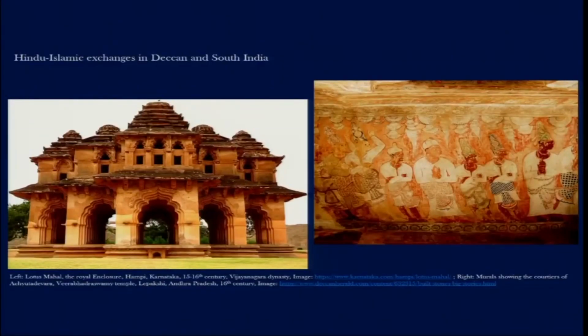Similarly, we also find this in the murals or paintings of Vijayanagara, for example the one we have here on the right side of the screen from the Veerabhadra Swami temple in Lepakshi, Andhra Pradesh. There we find this kulah-like cap, which was used in the Persian context and also in other parts of the Middle East, and then the qaba, or this long white robe that comes down to the ankles.